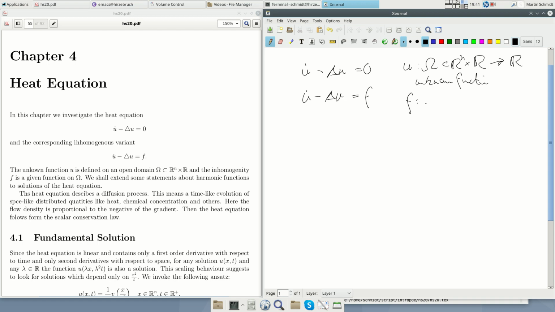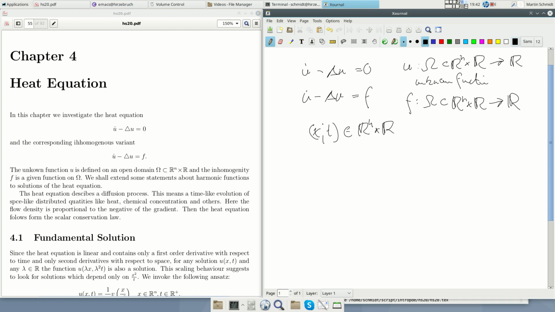And F is also a function from omega, from Rn cross R, to R. And we have this function depends on x and t in Rn cross R or in omega.